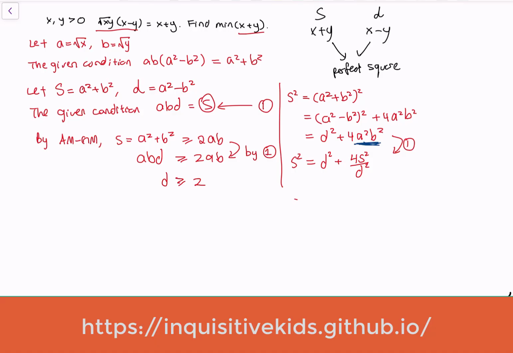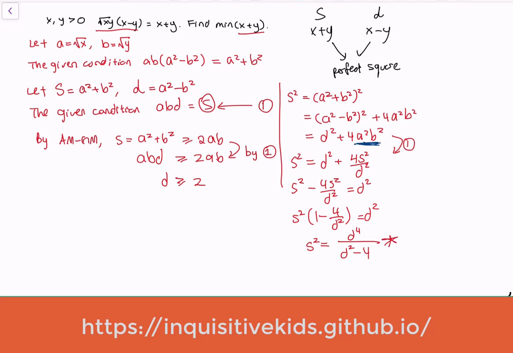Now let's go ahead and subtract 4S squared over D squared on both sides. We can factor out the S squared. When we simplify, we are left with S squared is equal to d to the 4th over d squared minus 4. So let's mark that for now.